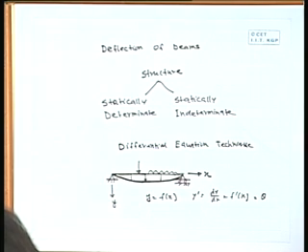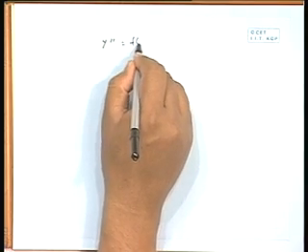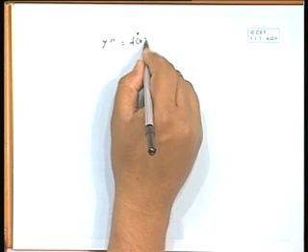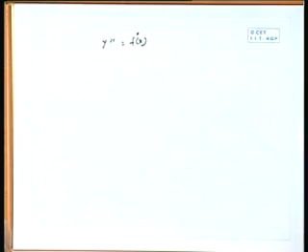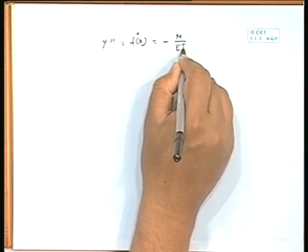Now, if we take a further derivative, we get d2y by dx square, or y double dash x, or f double dash x. That quantity will have a relationship with the moment. So, y double dash will be equal to M by EI.